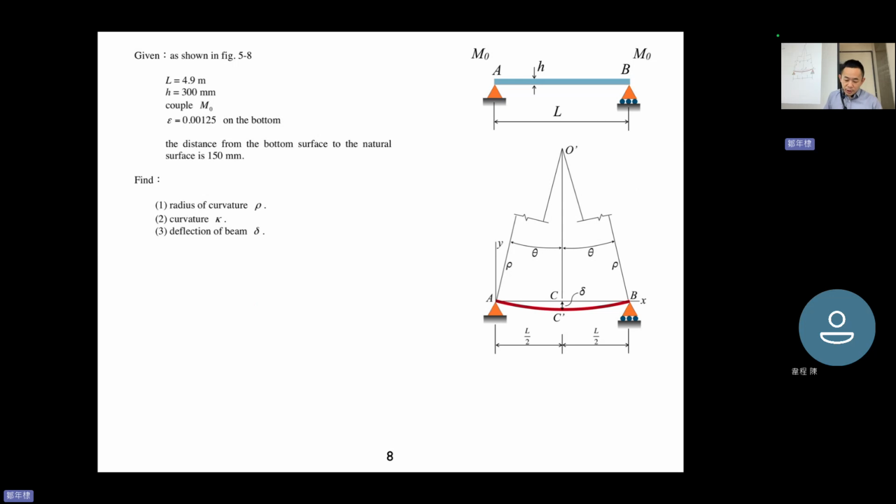Now, a very quick example that can help you find the curvature. There's an AB beam, and it asks us to determine epsilon on the bottom. What is epsilon on the bottom?